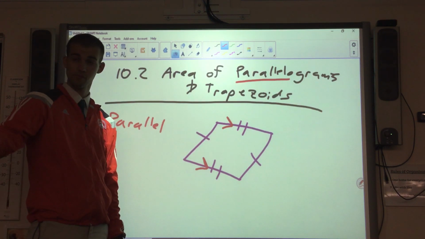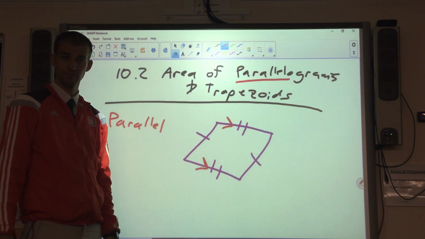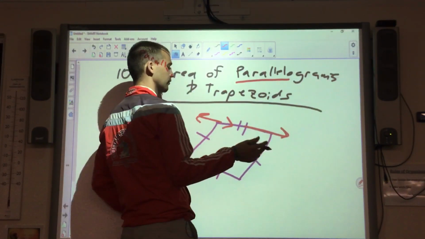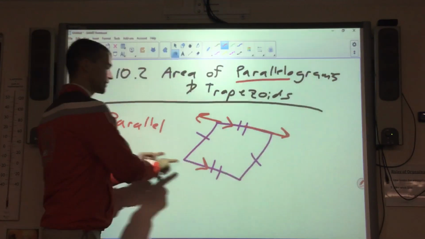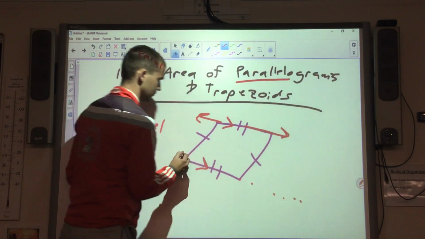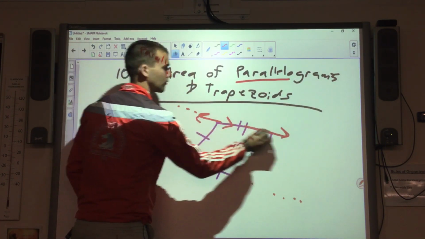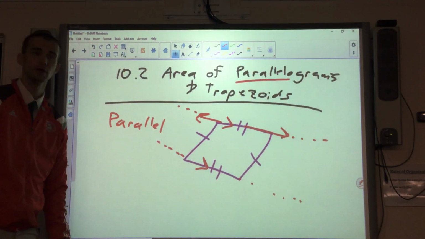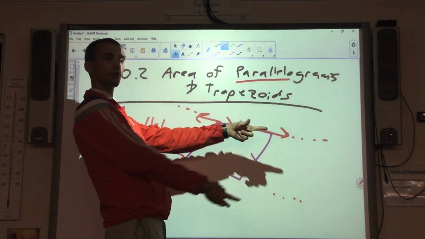Yeah? It means they're both going the same way. Well, not necessarily, because you could say this one's going that way, this one's going that way. It means if you extend them forever, they are never going to run into each other.